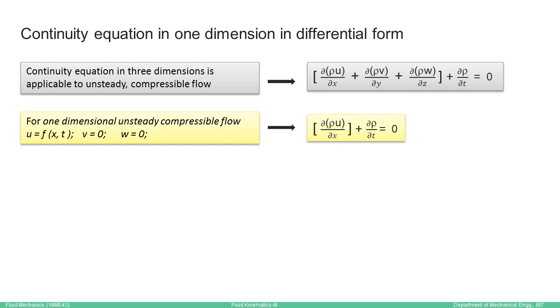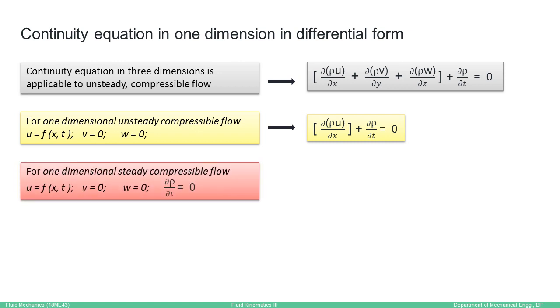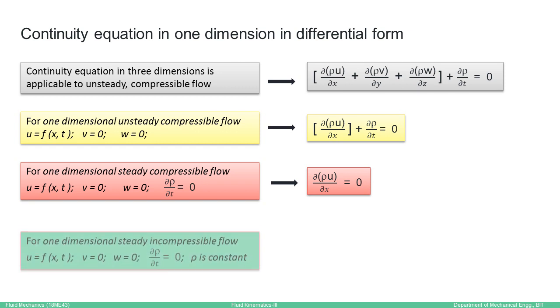The equation reduces to ∂(ρu)/∂x + ∂ρ/∂t = 0. If the flow is assumed to be steady and compressible, then ∂ρ/∂t = 0. The equation reduces to ∂(ρu)/∂x = 0.